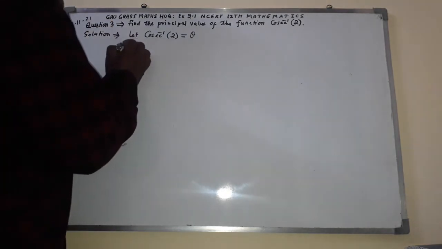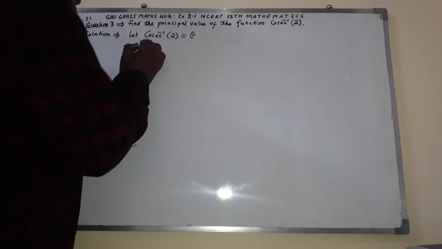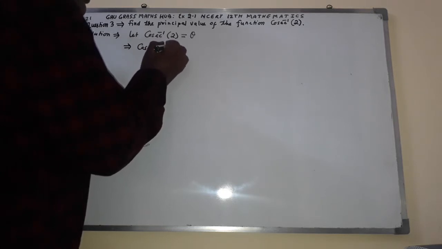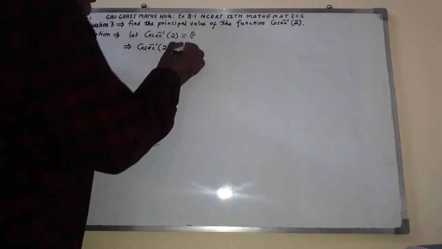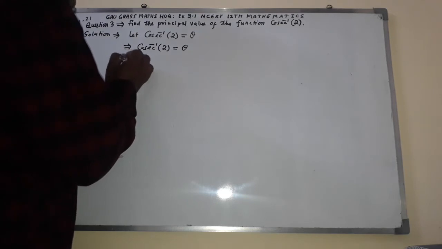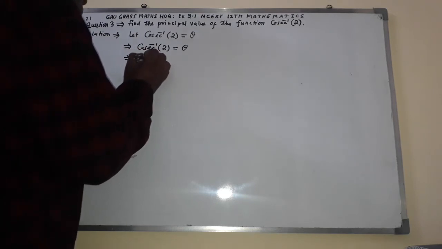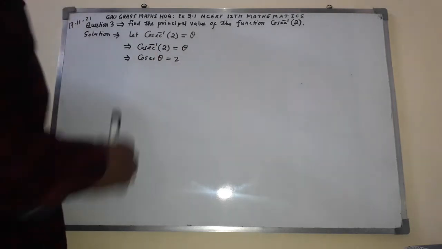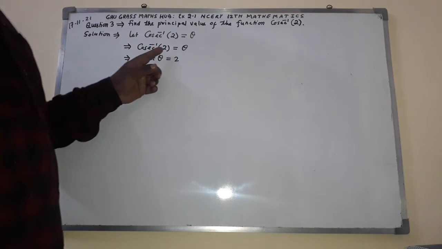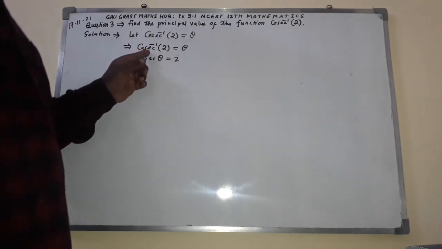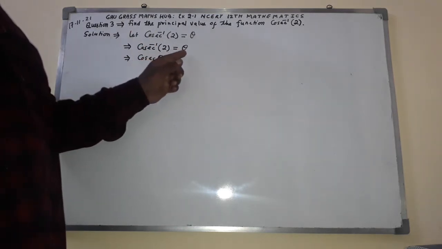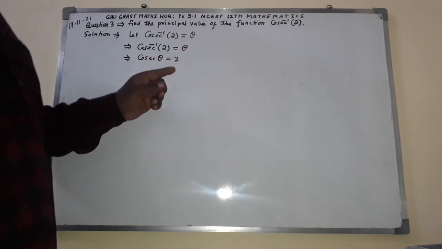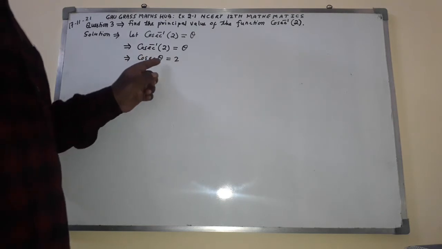Then cosec inverse 2 equal to theta comes out to be cosec theta equal to 2. The cosec inverse moves to the right-hand side and becomes theta over cosec inverse. Now it comes out to be cosec theta equal to 2.